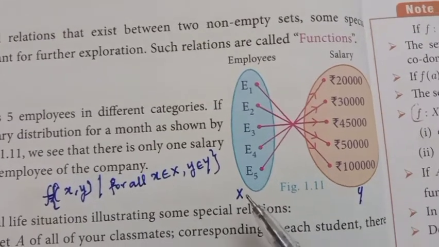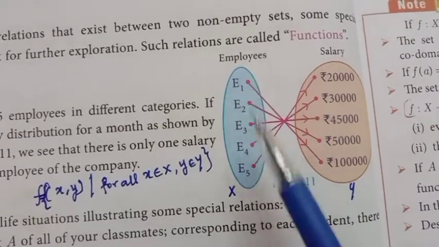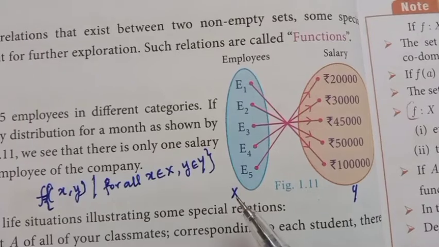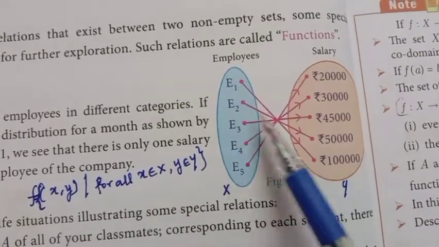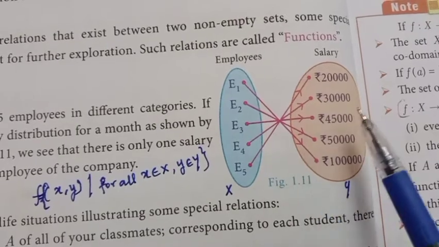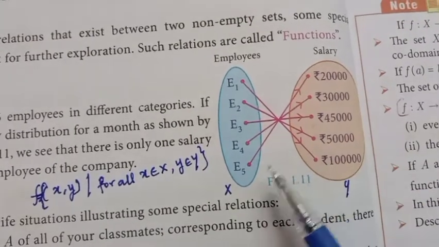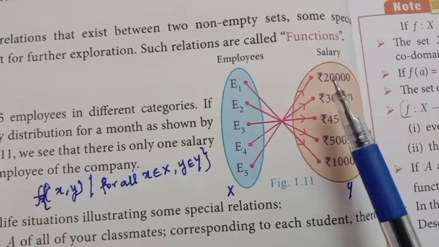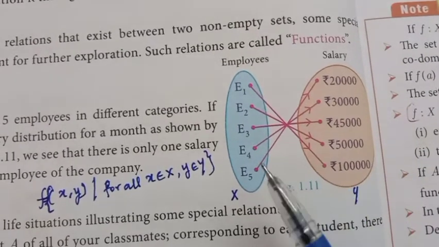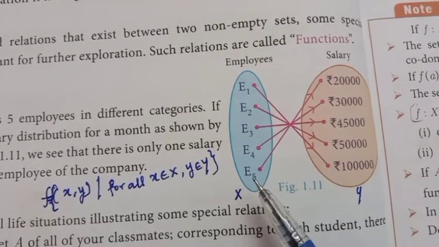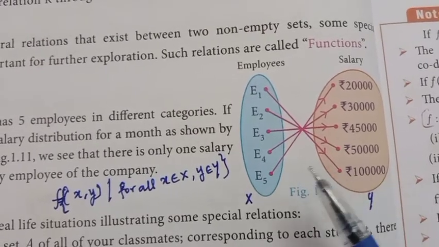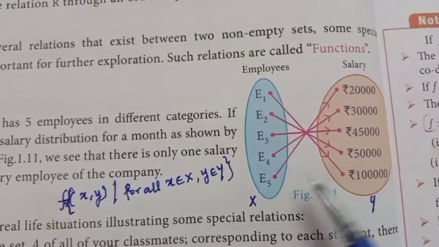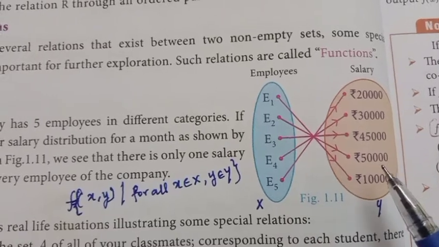So E1 belongs to set X, and these two have a mapping, likewise E3, E4, E5. The distinct element of X relates with a distinct element of Y. So relations like this are called functions.